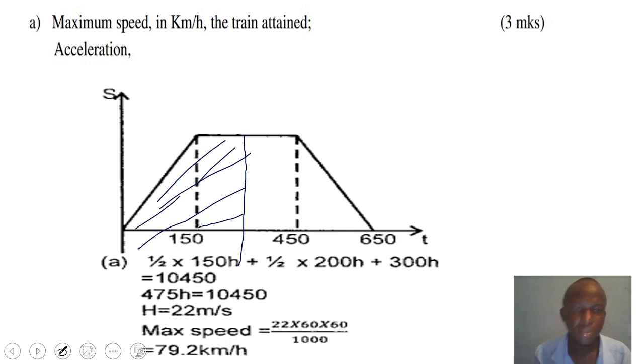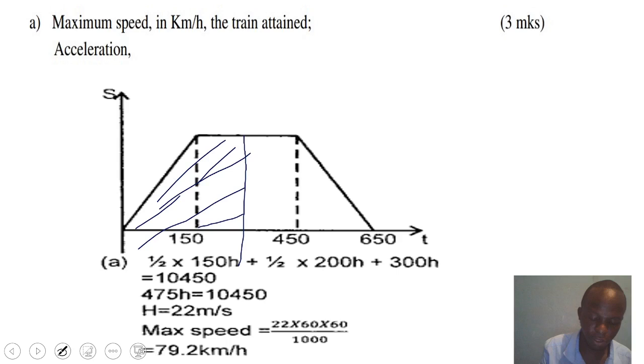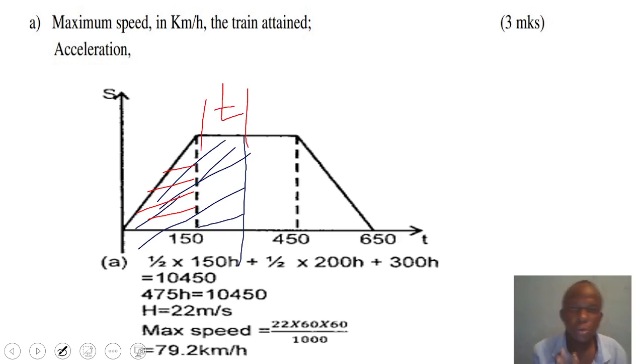Now, the biggest question is, we already know the properties of this particular triangle. The next is this rectangle. We don't know. Let us say the distance from here up to here is t, because we are talking about the horizontal distance. So the horizontal distance is given by t, because the x-axis is time.